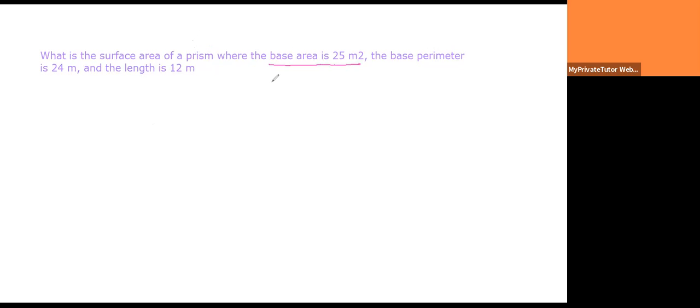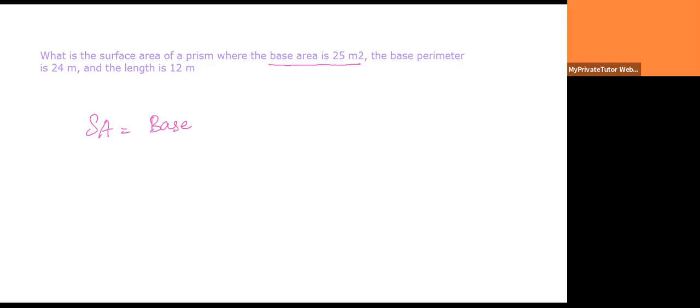So how do we find the surface area? The surface area formula would be base area plus perimeter times length. Let me write that.